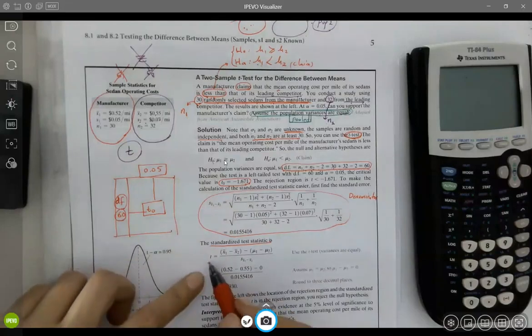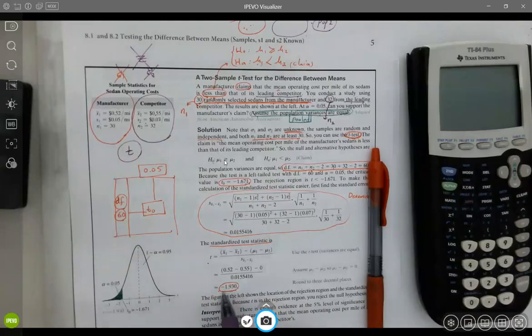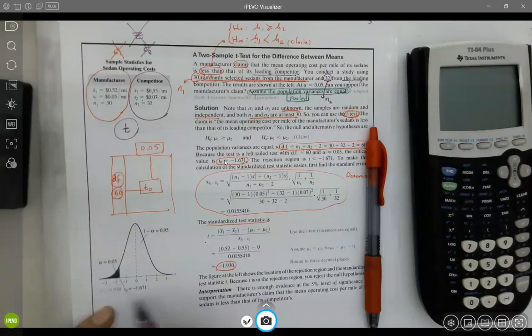So t, or standardized test statistic, is negative 1.930. Is this inside the green region? Take a look at your green region. The dividing number, the critical value, is negative 1.671. And the standardized test statistic, negative 1.930, is inside the rejection region.